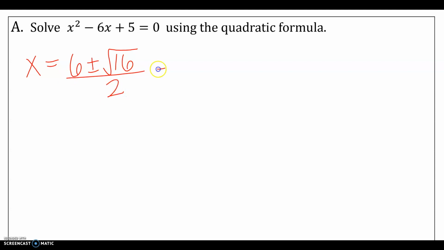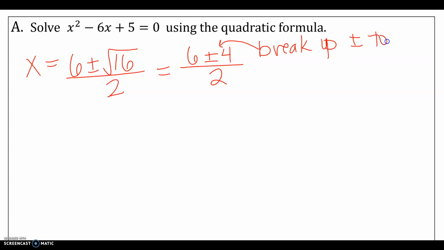Obviously, you know the square root of 16 is 4. So you get 6 plus or minus 4, all divided by 2. Now, you have your two answers embedded inside of that fraction. So you need to break apart the plus or minus to get your two answers.